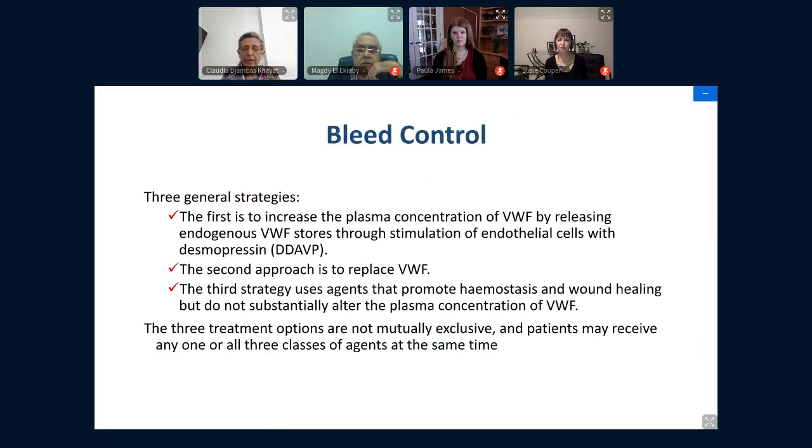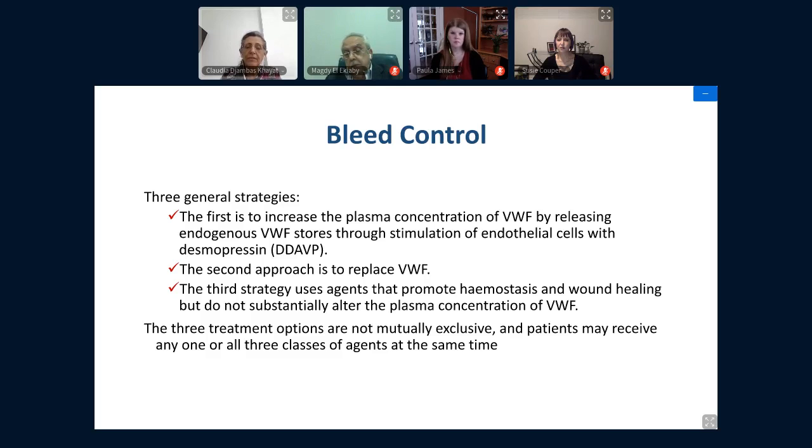So before saying how to do it, I think we have to remember how to treat von Willebrand disease. There are 3 general strategies. The first is to increase the plasma concentration of von Willebrand factor by releasing endogenous von Willebrand stores through stimulation of endothelial cells with desmopressin. The second approach is to replace von Willebrand factor with concentrate.